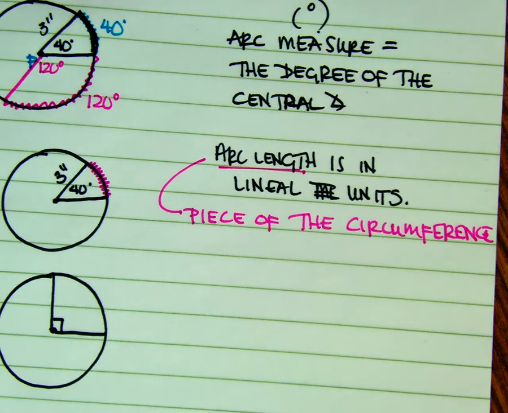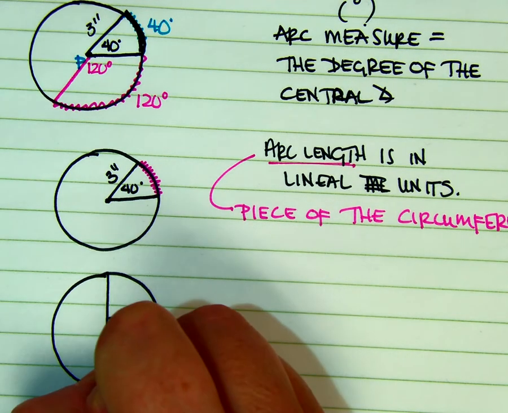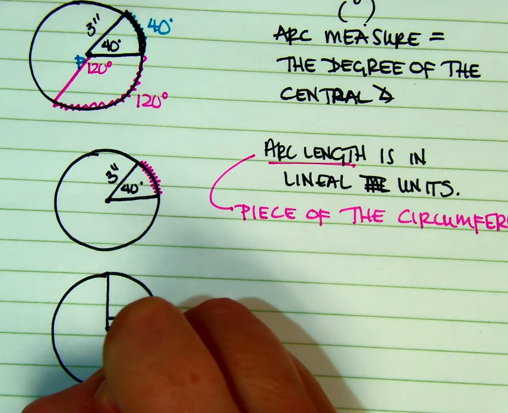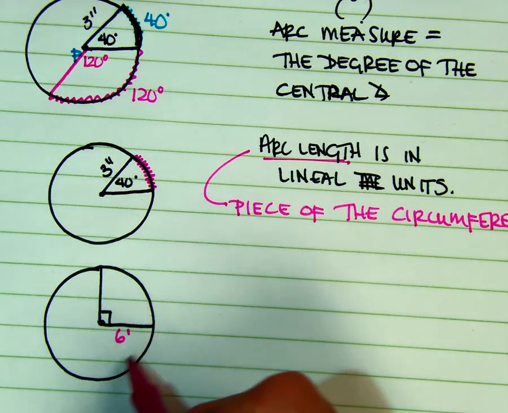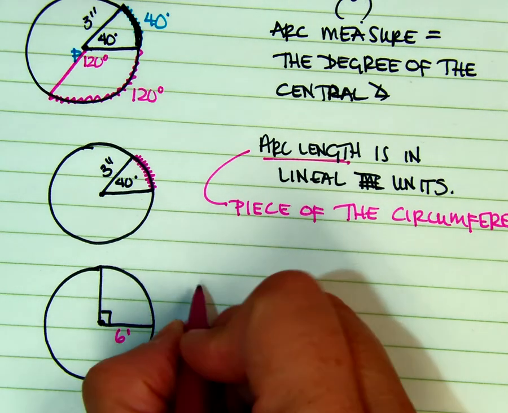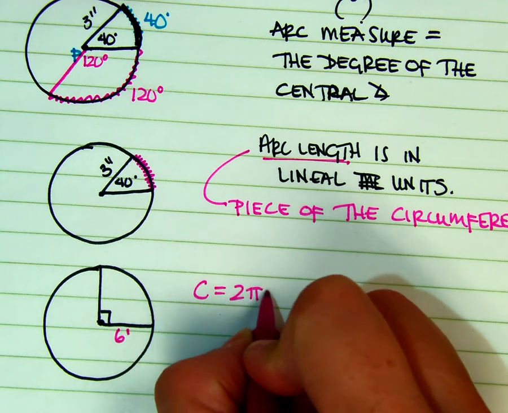So if this is 90 degrees, and this has a radius of 6 feet. So in order for me to find the arc length, I need to find the circumference first, or the total circumference. So circumference equals, I have the radius, so 2 times pi times r.